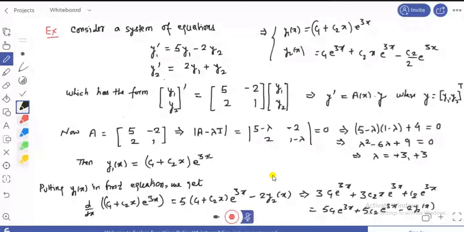If you find y1(x), then you put it in here and solve that equation, and by using the second and third ones, you can obtain the results for y1, y2, y3 independently.